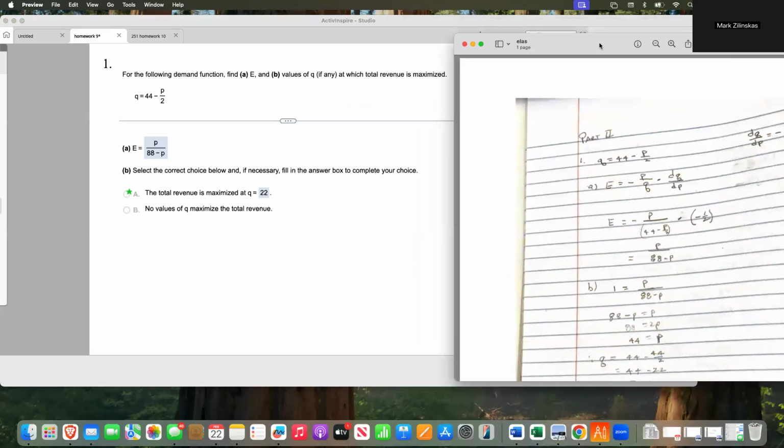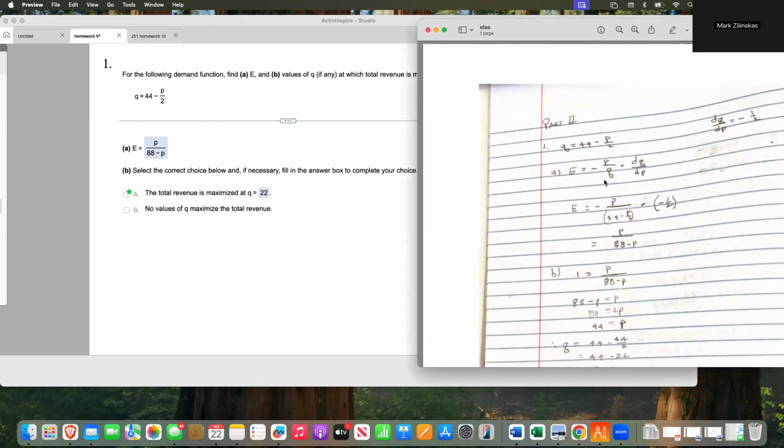Okay, so here's something from my MyMathLab for the following demand function. Q is going to be the demand, and P is going to be the price. So we're given an equation here, and all we're really going to do is use the equation E equals negative P over Q times dQ/dP, where dQ/dP is the derivative of Q with respect to P. Now remember, we're talking about an instantaneous rate of change for a derivative, right?